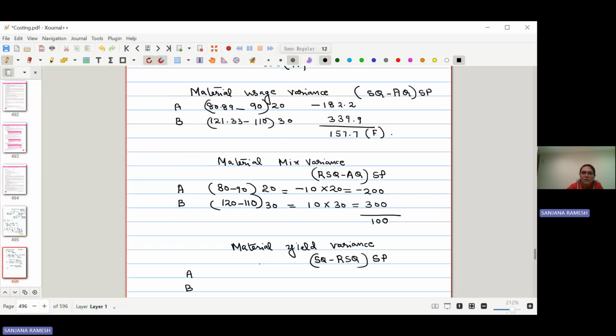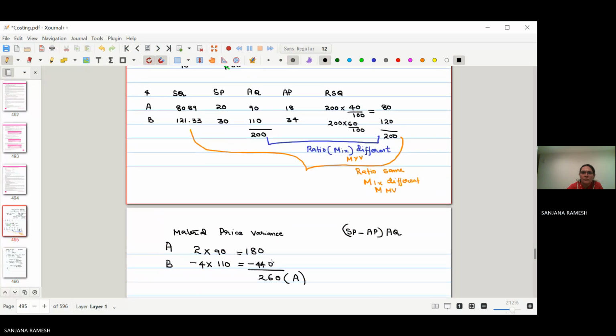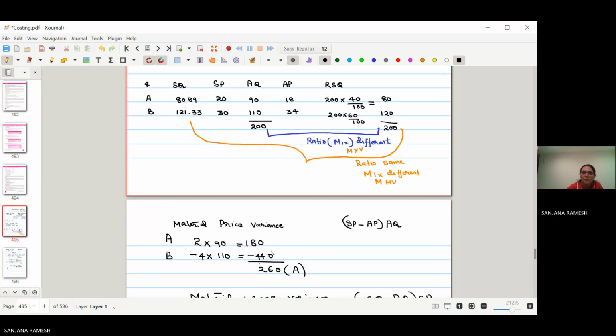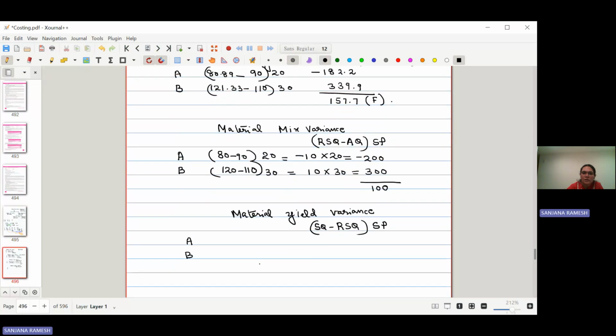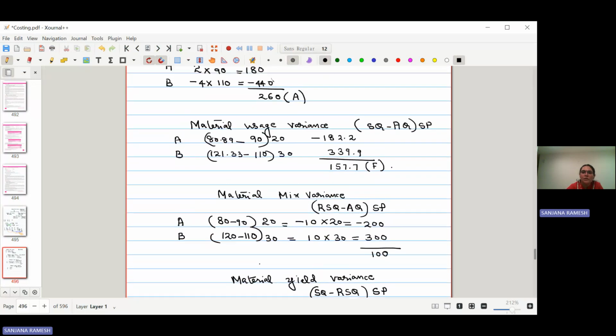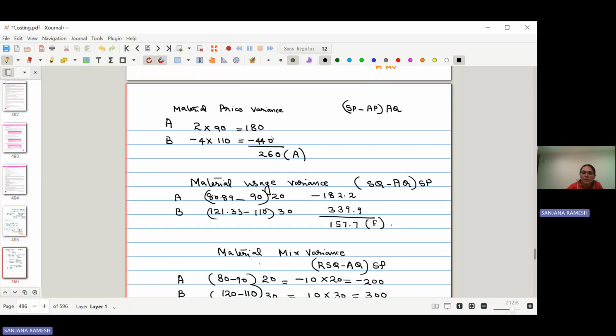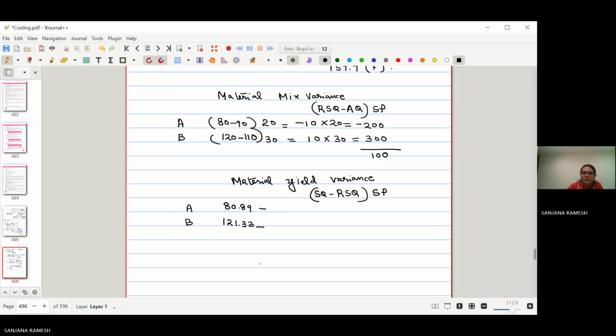Standard quantity is 80.89 and 121.33, minus revised standard quantity 80 and 120.